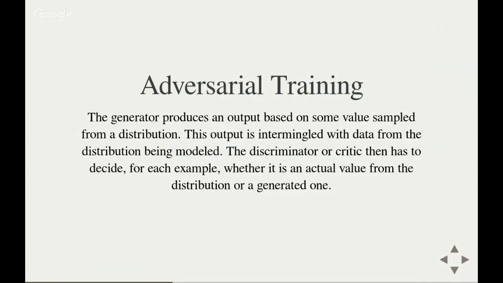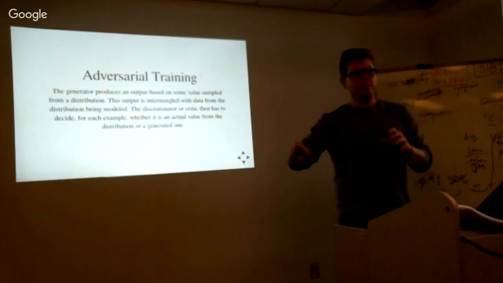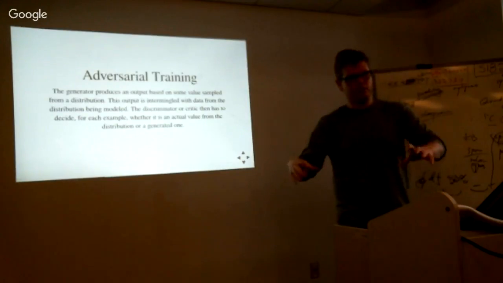So like I said, that generator produces some output. This output is then intermingled with an equal amount of real data from the distribution or from our training set. So if I have a large collection of images, I'm going to have my generator generate a batch of images, and then I'm going to mix that with an equal sized batch of images from my training data.